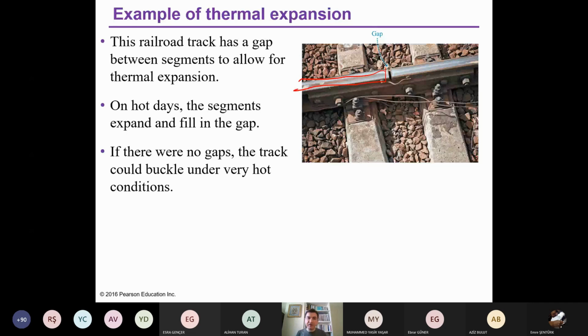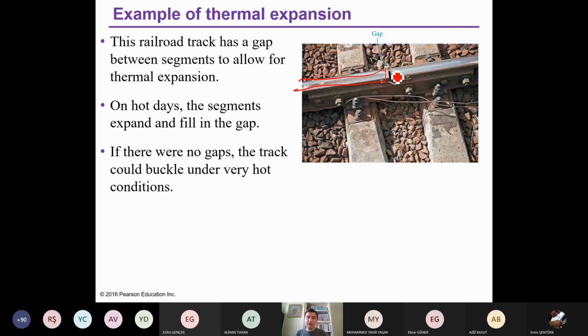So then you can destroy the railroad. This is very important, and you have to use special materials, special steels, special alloys for these applications if there are huge thermal changes in the system.